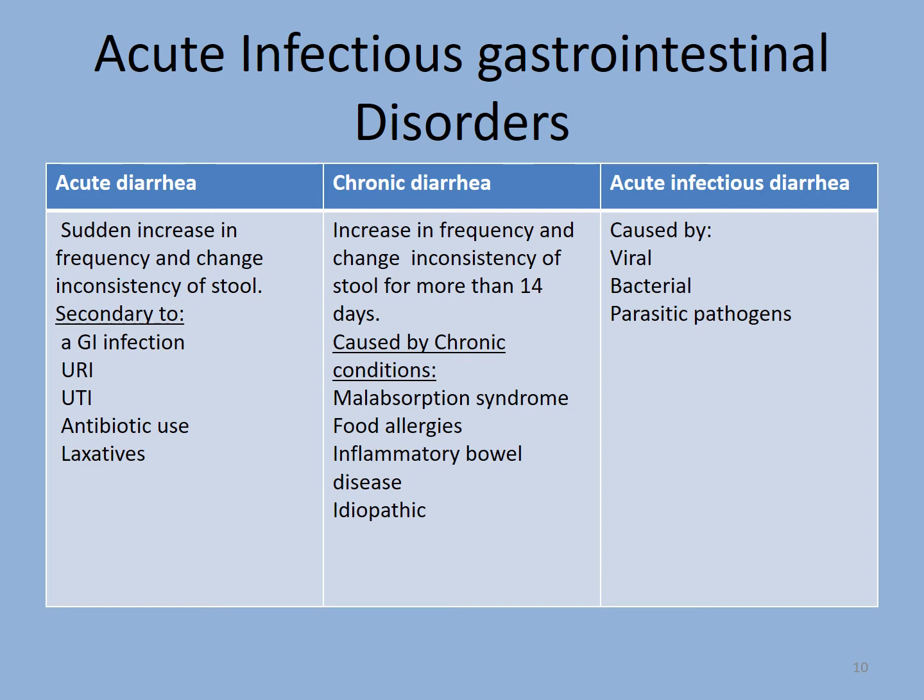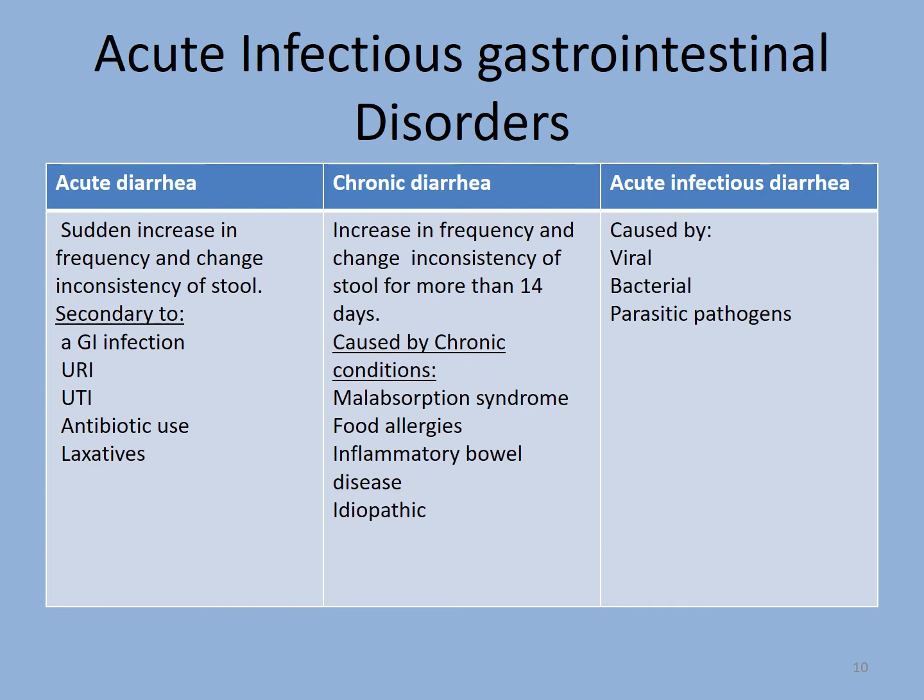As that lining heals, the chronic diarrhea goes away, but it can take months in the child. And in chronic diarrhea, it's just an increase in frequency and change for 14 days or more, but it isn't 3 or 4 or 5 loose stools a day. It's usually once or twice a day.